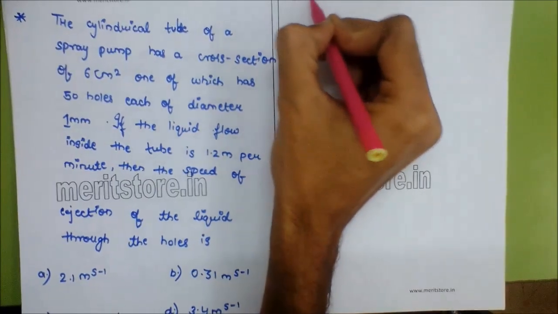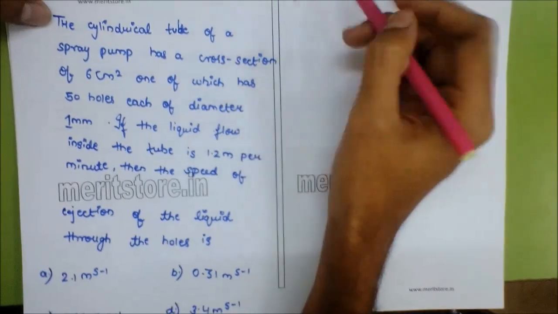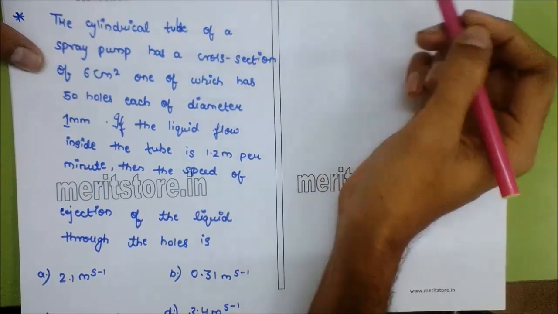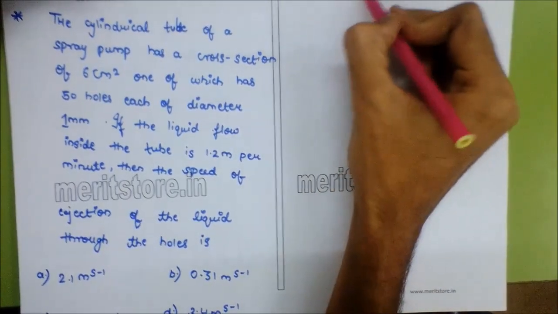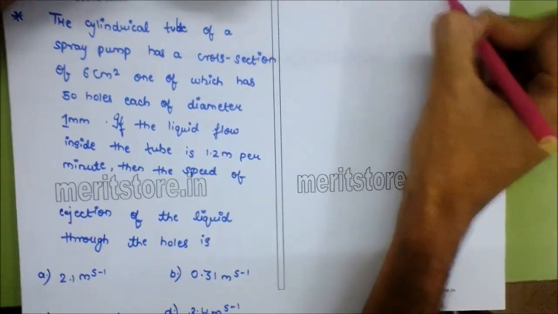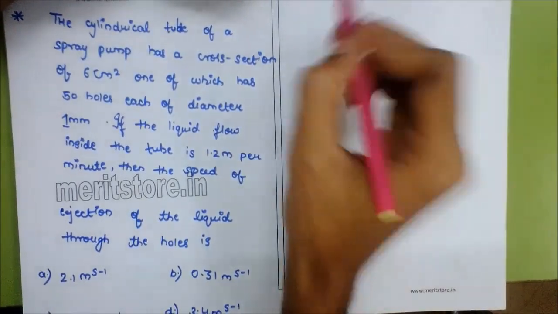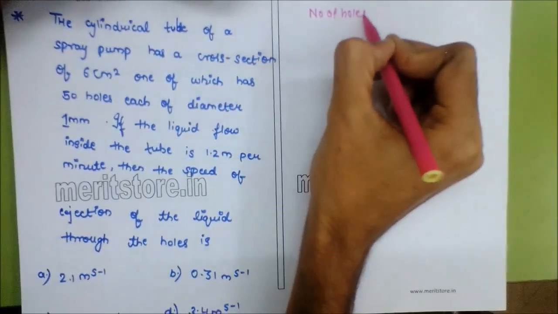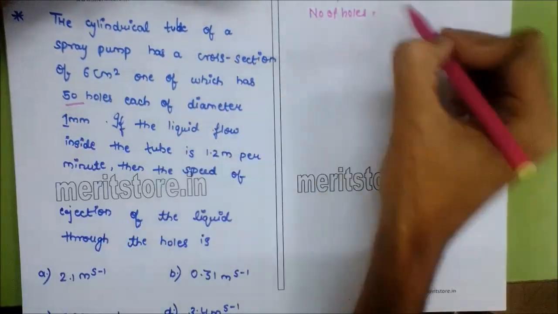So we have the given data here: the cross section of the tube, that is the area of cross section. We can take it as A1 of the tube, which is 6 centimeters square, which we will convert to 6 into 10 raised to minus 4 meters square. Then we have the number of holes, there are 50 holes.